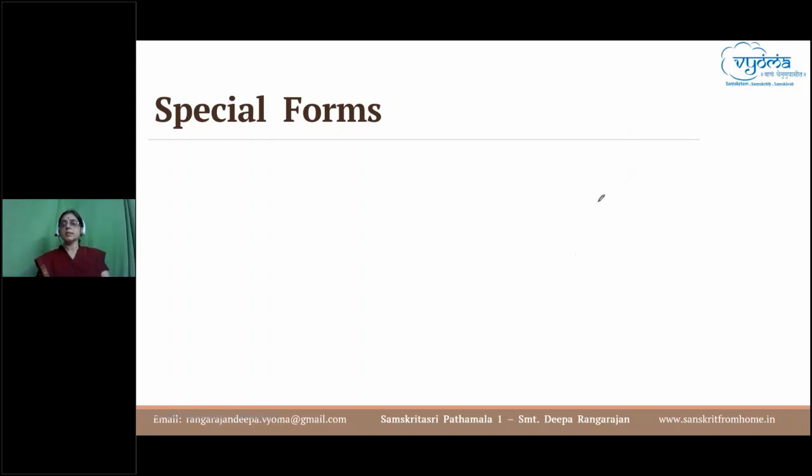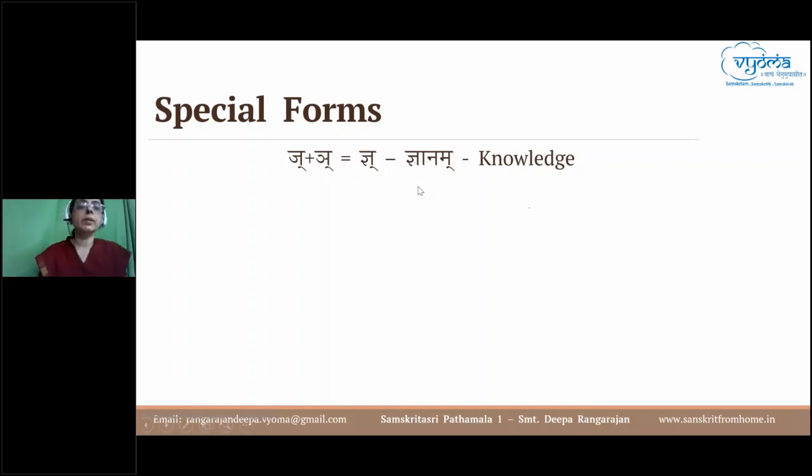Those were the questions. Again, we will see the words, the Samyuktaksharas with the special forms. Jnanam, Jakara, Nyakara. This is a special shape.